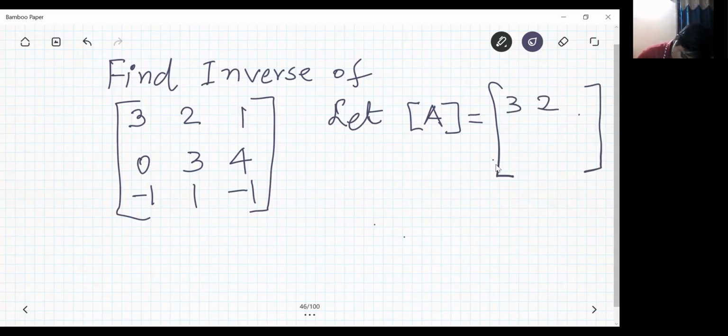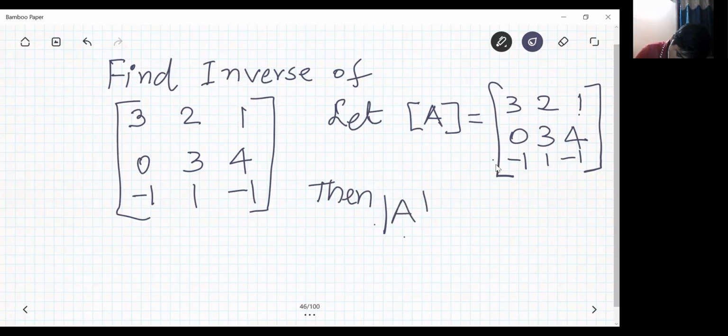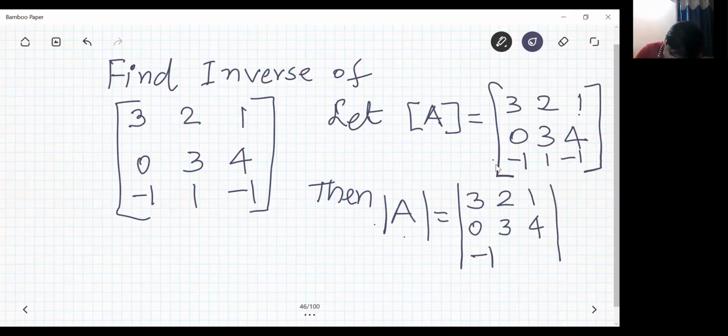3, 2, 1, 0, 3, 4, -1, 1, -1. Then we want to write determinant A. So it is 3, 2, 1, 0, 3, 4, minus 1, 1, minus 1.